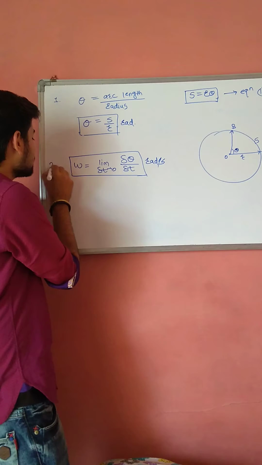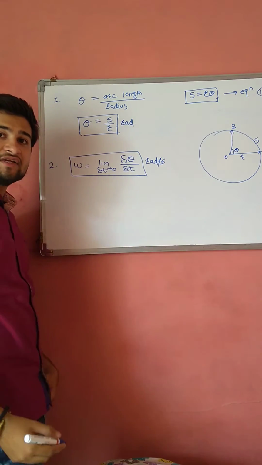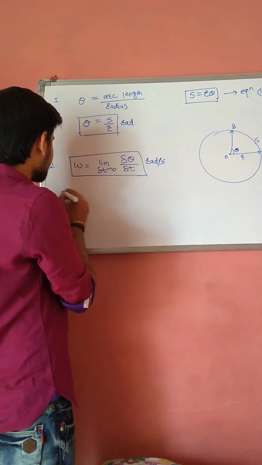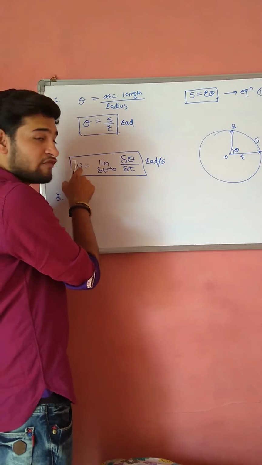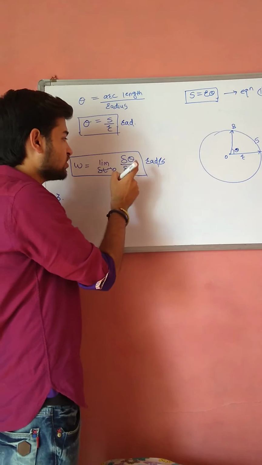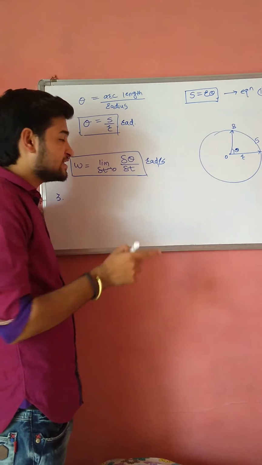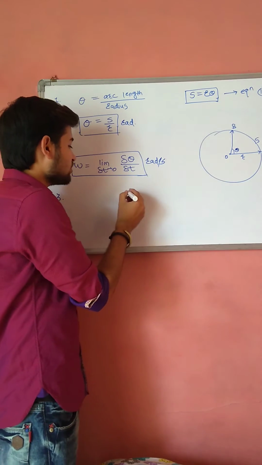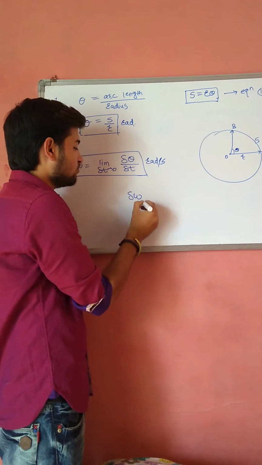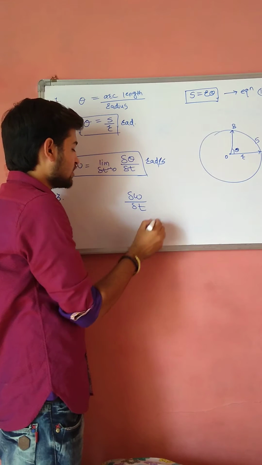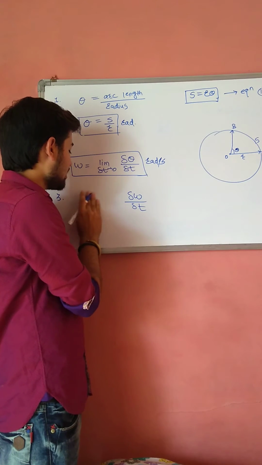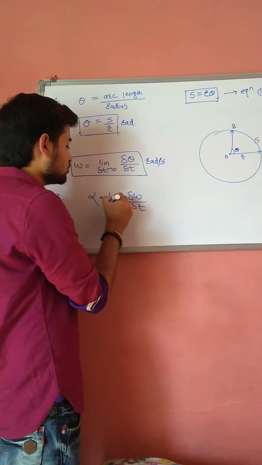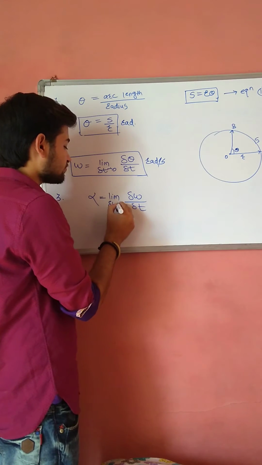Likewise, from the angular velocity we can derive the angular acceleration. Angular acceleration is defined as the rate of change of angular velocity with respect to time, and here again the time limit should be very small.